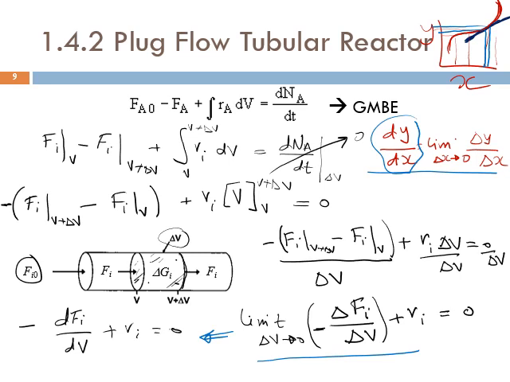Okay, and therefore we can take the derivative to the other side. Let me rewrite it: dFi by dV equals Ri, and now this is the design equation for plug flow reactor.